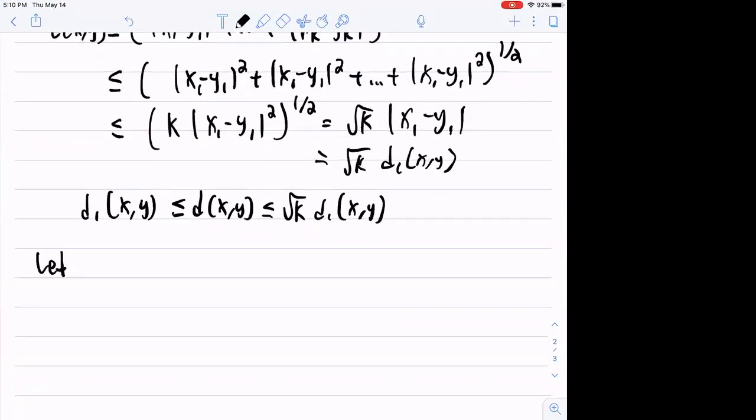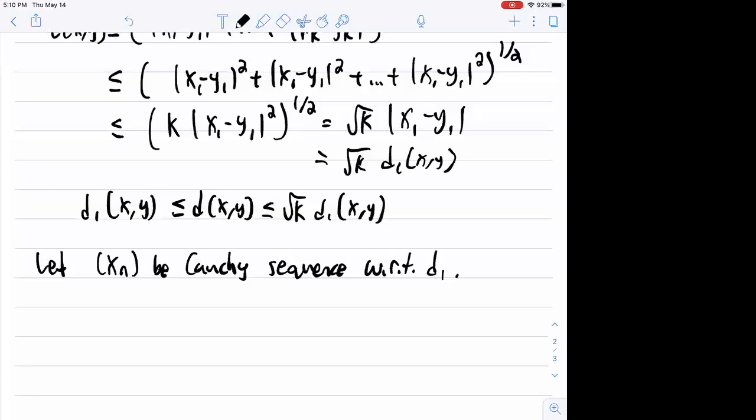Okay, so let xn be a Cauchy sequence. This is where you have to be careful with respect to d1, because we want to show d1 is complete. So we have to assume we have a Cauchy sequence with respect to d1, and we want to show it converges.